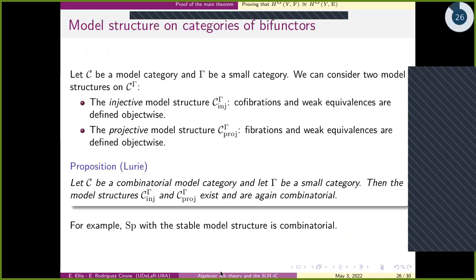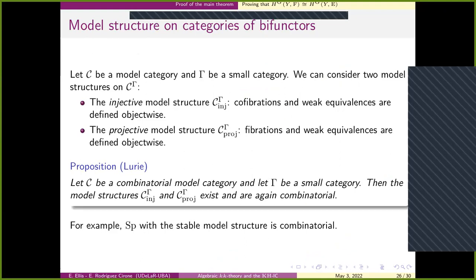So let C be a model category and Γ be a small category. We can consider two model structures on the category of functors from Γ to C. The injective model structure, in which cofibrations and weak equivalences are defined object-wise, and the projective model structure, in which fibrations and weak equivalences are defined object-wise.